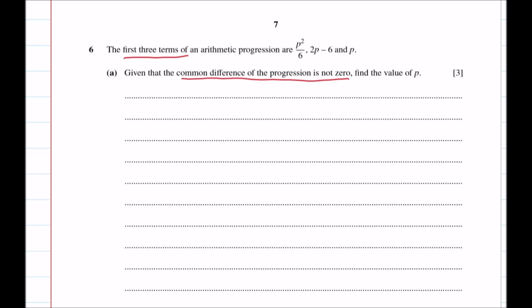So we will write here, second term, let me write in symbols. So that is u2 minus u1 is equal to u3 minus u2.